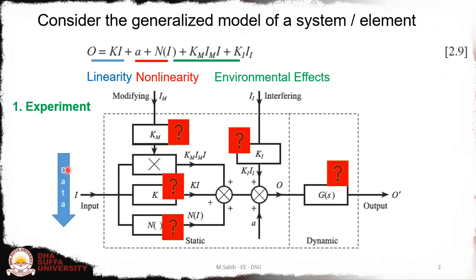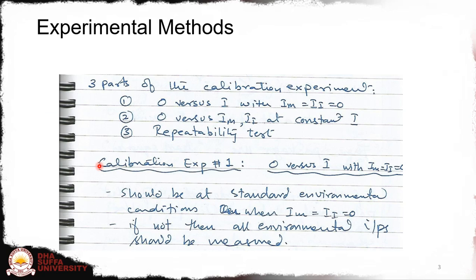This is done by providing some input data and getting some output data, and then having the data, we analyze the input output data and try to find out the individual elements of this mathematical model. So this is a kind of data analysis for instrumentation that we are going to study.